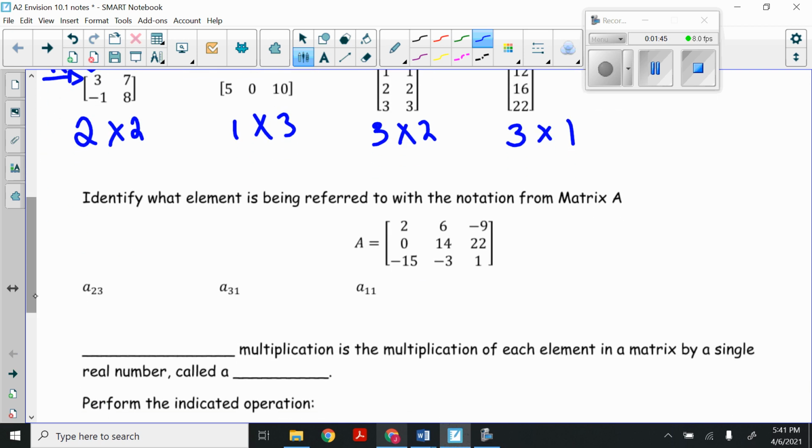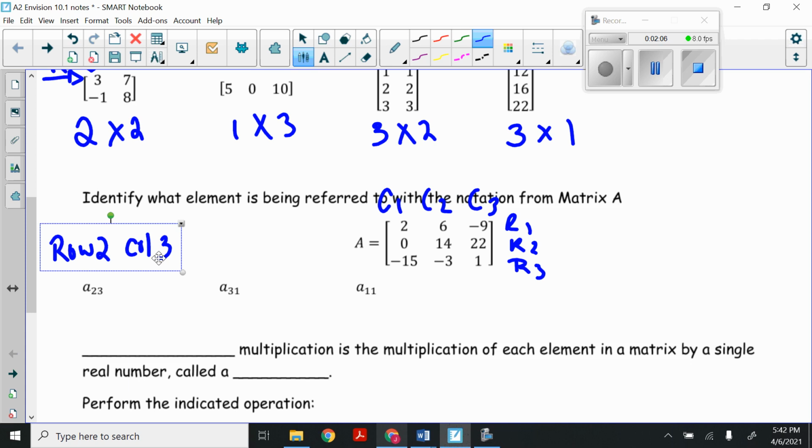Now we're going to identify what element is being referred to with the notation from matrix A. This is column 1, column 2, column 3, row 1, row 2, row 3. So here it says A23, so this is row 2, column 3. What number is in row 2, column 3?